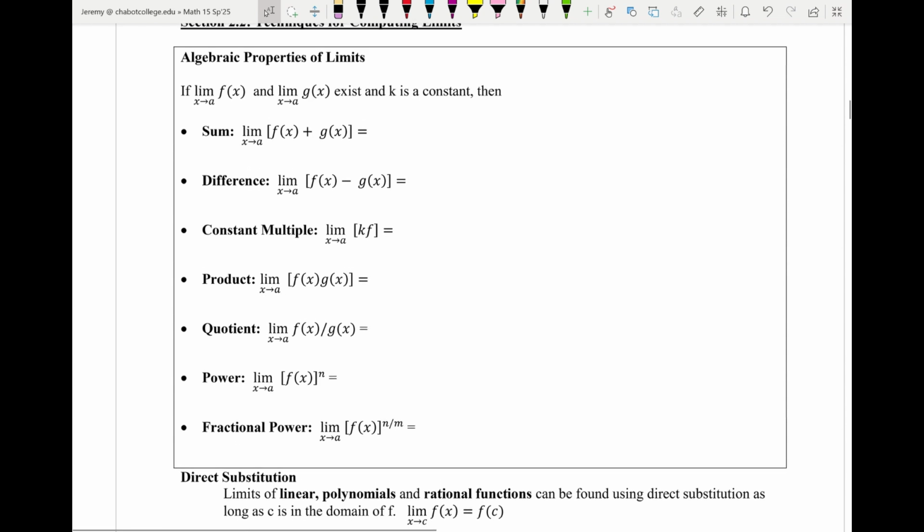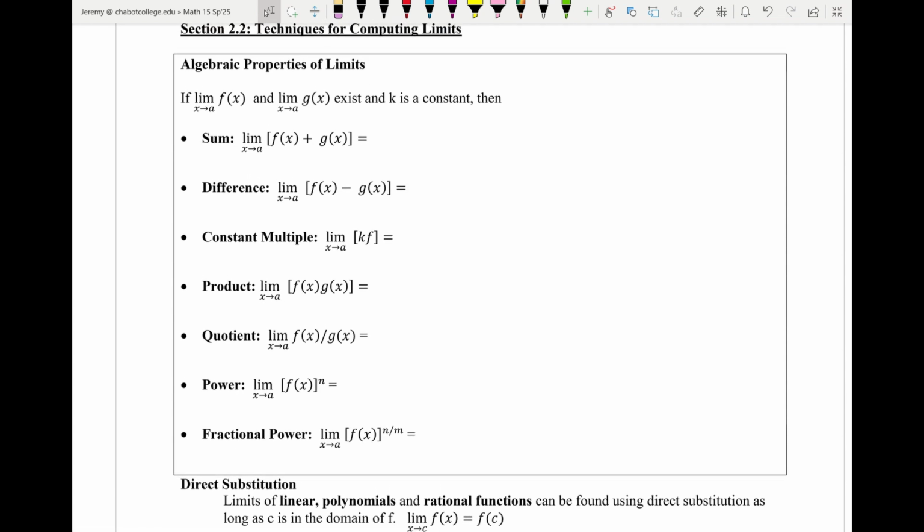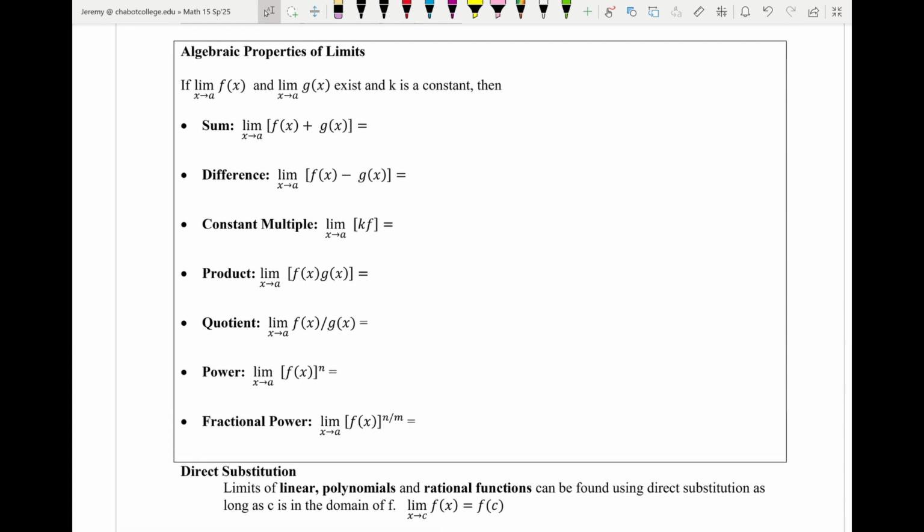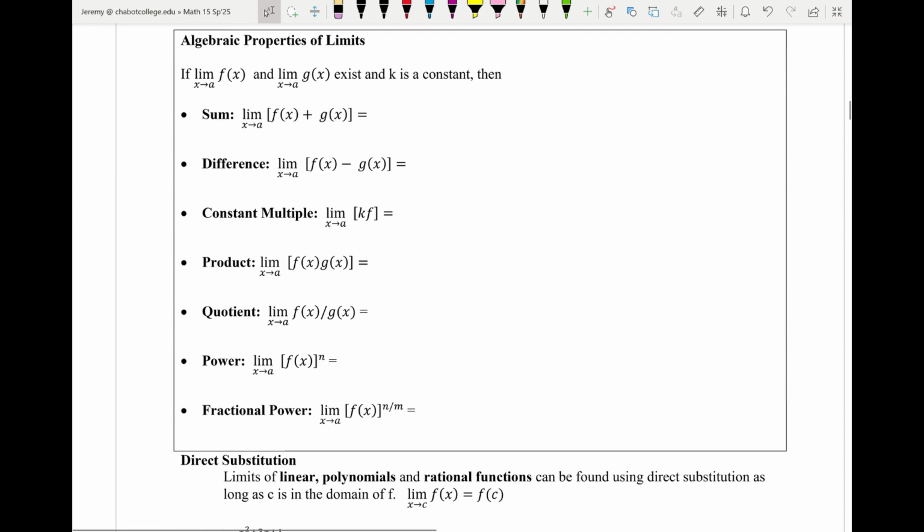So getting into these properties, it turns out that limits are pretty friendly to work with. We have a whole bunch of properties that make taking the algebraic approach pretty straightforward. So if the limit as x approaches a of f of x and the limit as x approaches a of g of x exist, and k is a constant value, then we have the following properties.